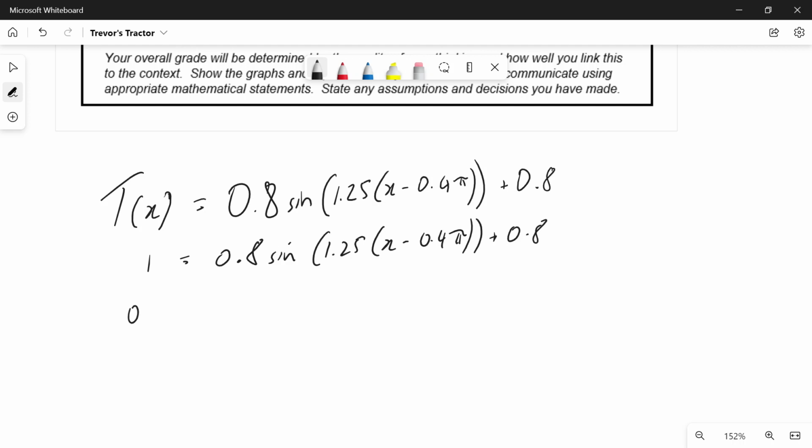We get 0.2. Then divide both sides by 0.8. So 0.2 divided by 0.8 is 0.25. You can check it if you want.